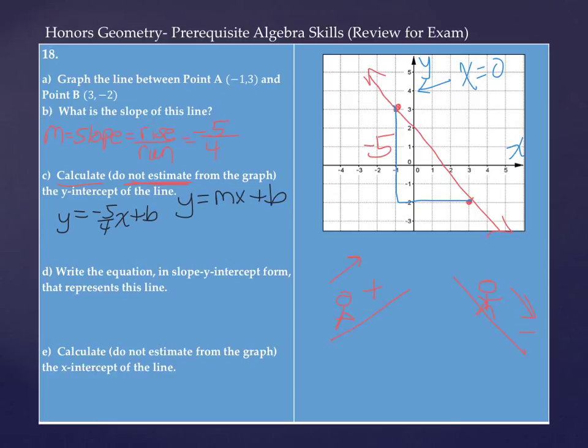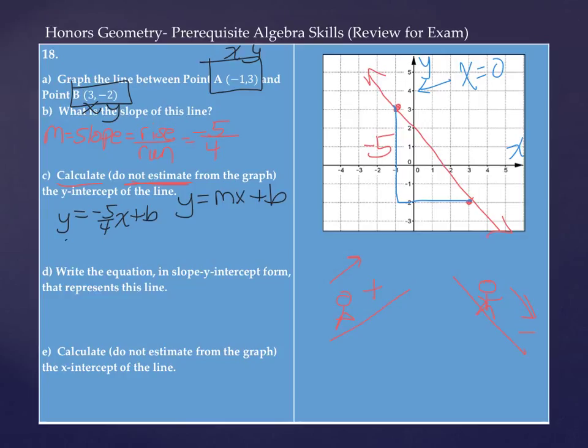Now, how do I solve for this b here? Well, we have two points that we know are on our line. The first number that's listed is x and the second is y. I can choose either one of these points. It does not matter which one. Both will work.